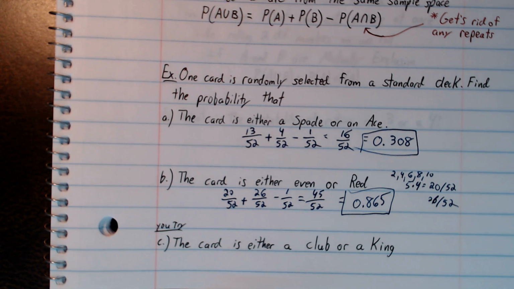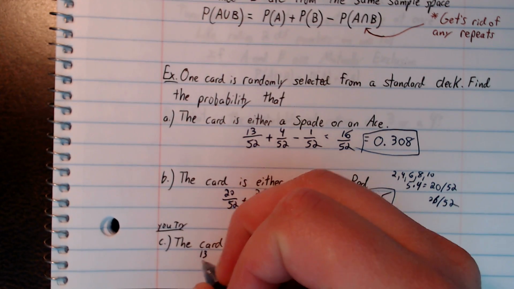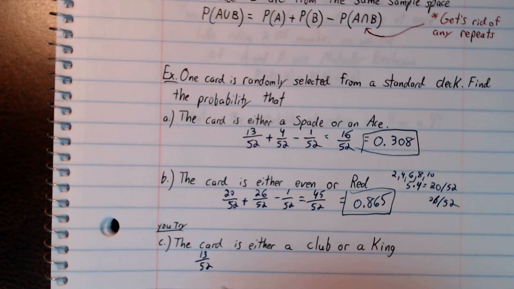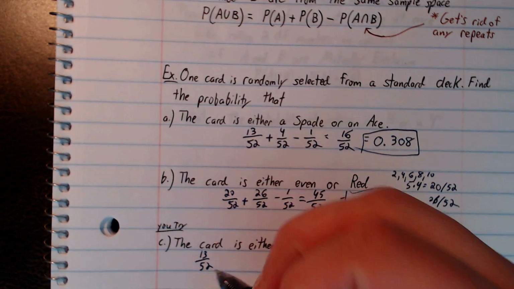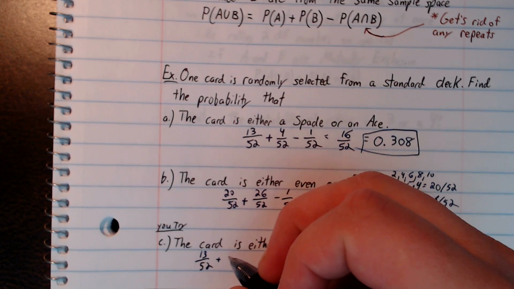Okay. Hopefully you remembered how many clubs we have total, or each suit has total. There's 13 in every suit, so there's 13 clubs. The number of kings there are 4. There's 1 per suit.